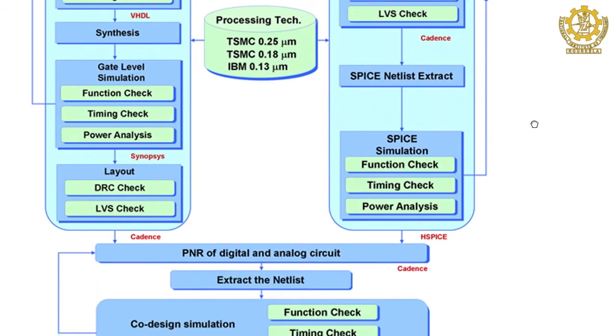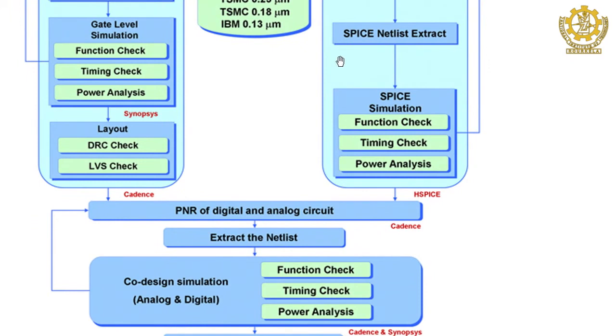Then after that, just as we use HDL to code a gate level netlist, SPICE is one coding language which is used to code the transistor level netlist. Okay. So, we have to see the individual SPICE coding of your entire analog design, and we have to verify its functionality from that SPICE simulation, followed by its timing and power analysis also.